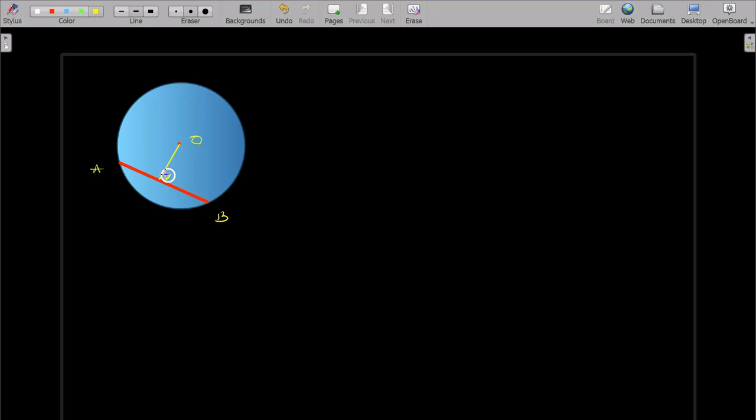That means this is a right angle. So this theorem says that this perpendicular will bisect the chord. That means it will divide this chord AB in two equal halves. Okay, so this length will be equal to this length. So if this point is P, then we can say that AP is congruent to PB.